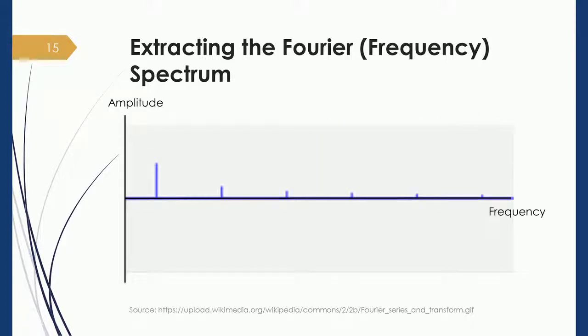So, here is a figure representing the Fourier spectrum of the square wave, and often this is called the frequency spectrum simply because this represents the magnitude of the various frequencies of the sine terms appearing in the Fourier expansion.